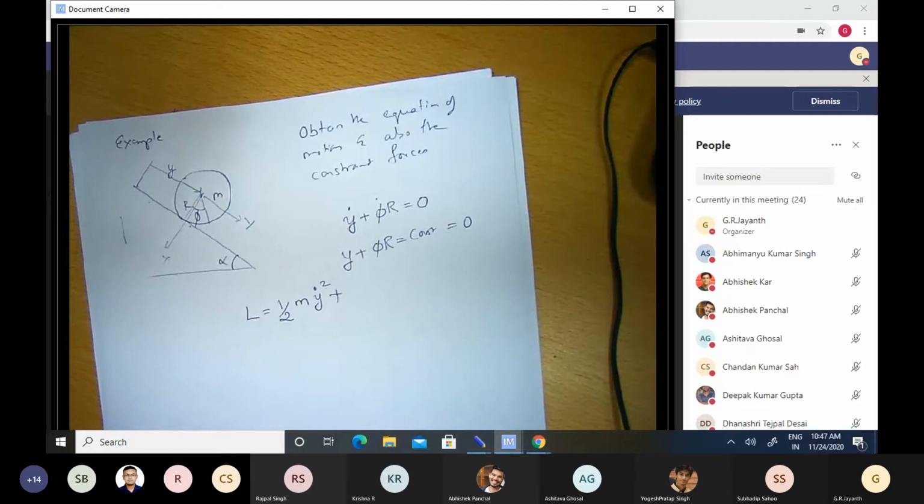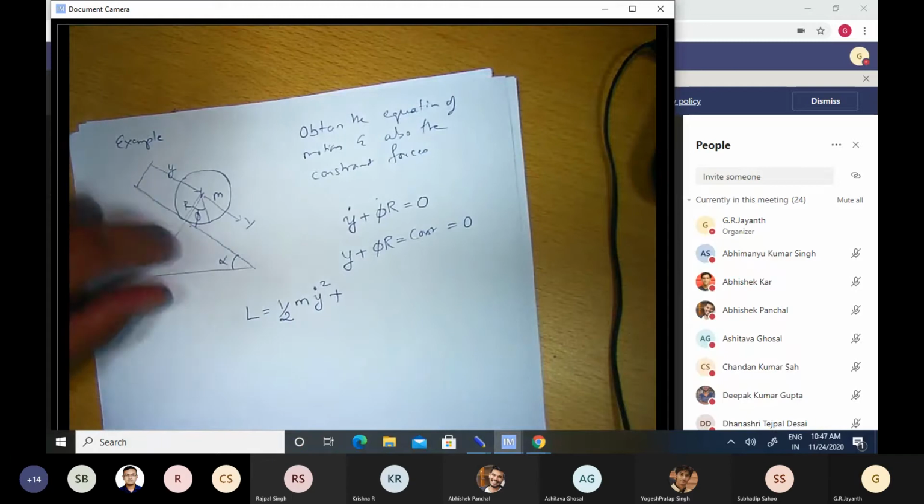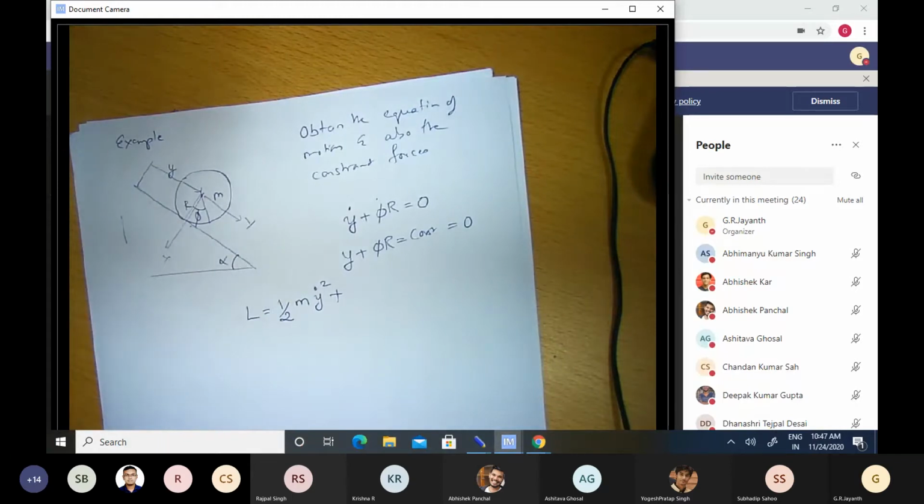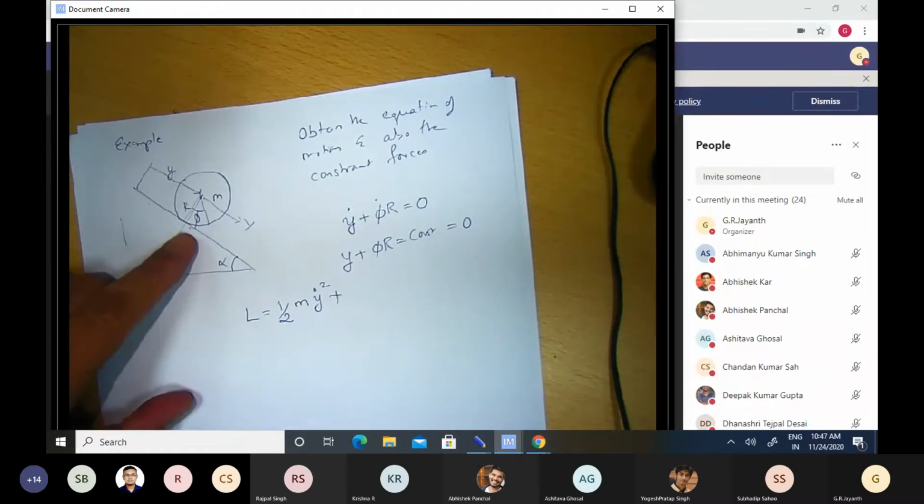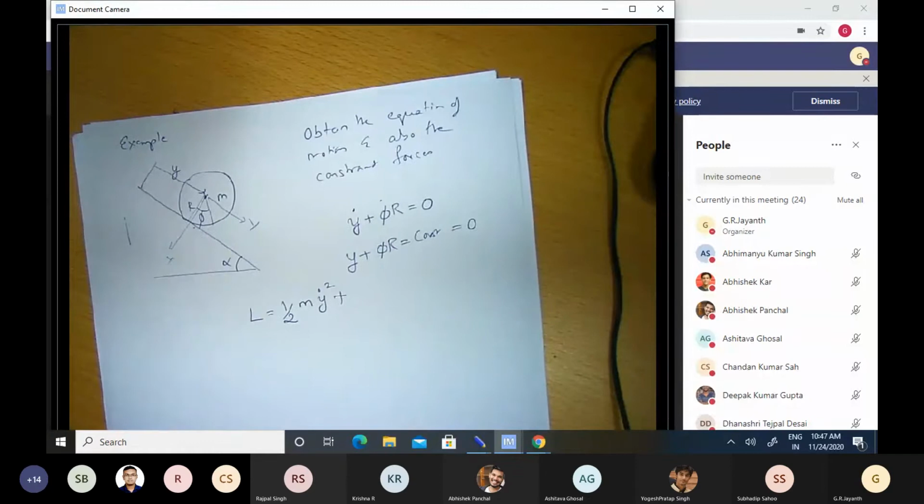These xyz axes will be the principal coordinates for this particular object because of cylindrical symmetry. And the angular velocity is aligned only along the z-axis, because phi dot, if you see, is also along the z-axis.